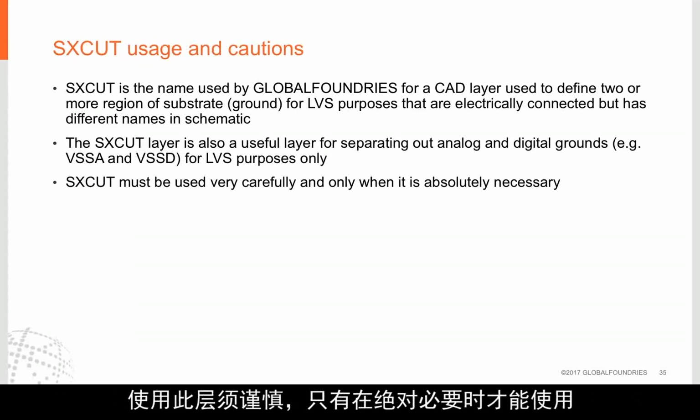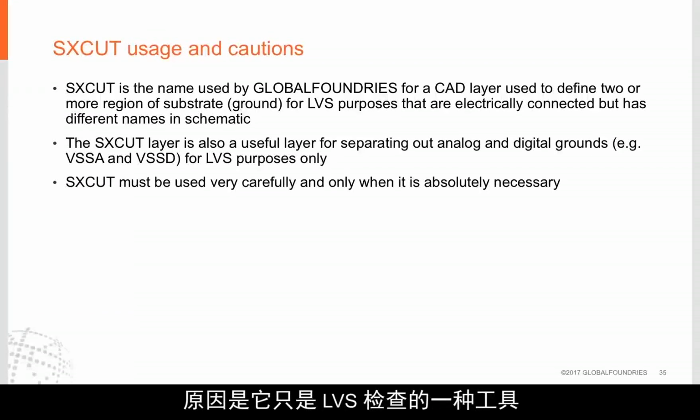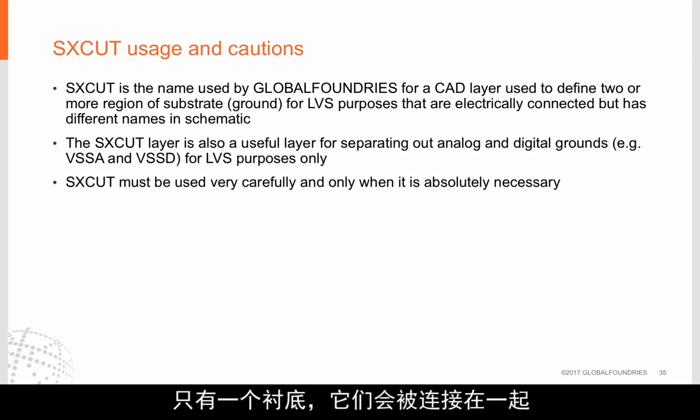You need to use this layer carefully and only when it's absolutely necessary. The reason is because it's only a tool for LVS purposes, but in silicon it is not separating the substrate. It's only one substrate, and they will be connected together.